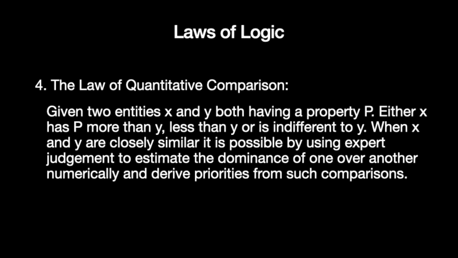When x and y are closely similar, it is possible, by using expert judgment, to estimate the dominance of one over another numerically and derive priority from such comparisons. We are looking for a means of proving principles through a methodology of constructing objective concepts and subsuming information from them.